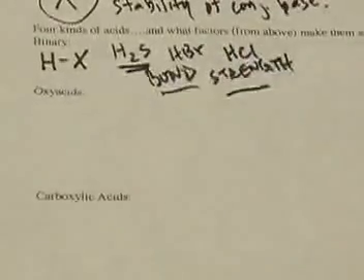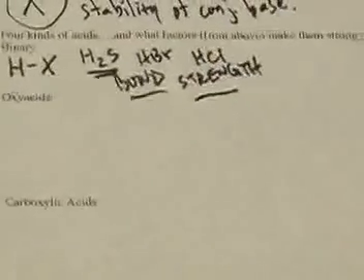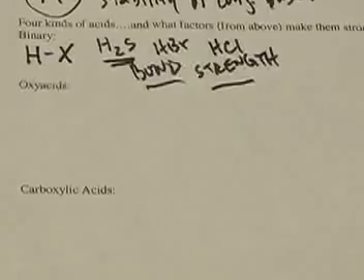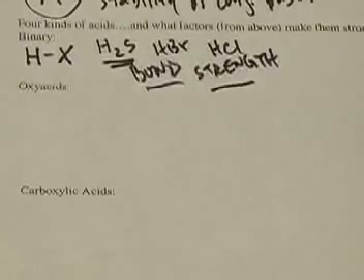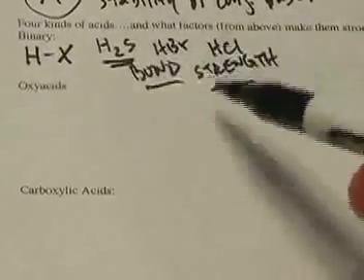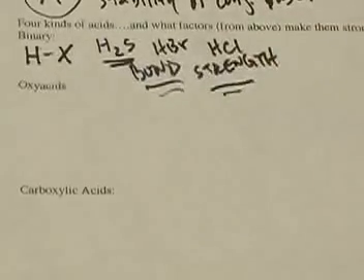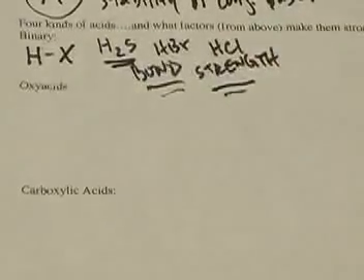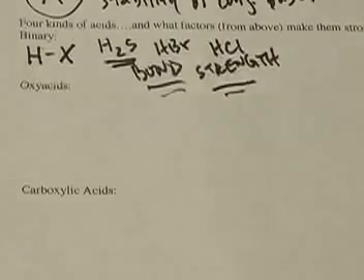The bond in H2S is actually a little bit too weak, because sulfur is not quite electronegative enough, and so it's not a strong acid. So bond strength is the governing thing for binary acids, whether it becomes strong or not strong. It's going to be strong, but not too strong.